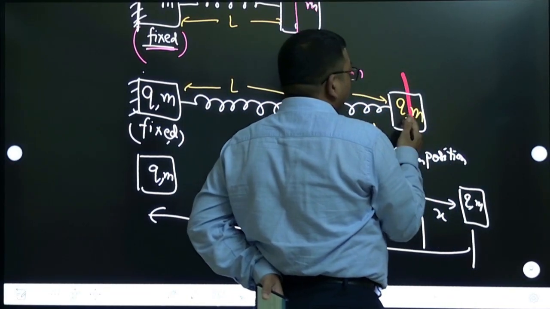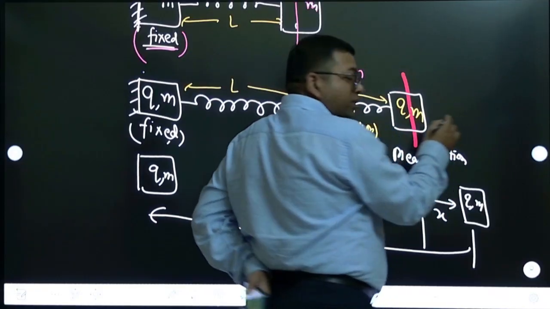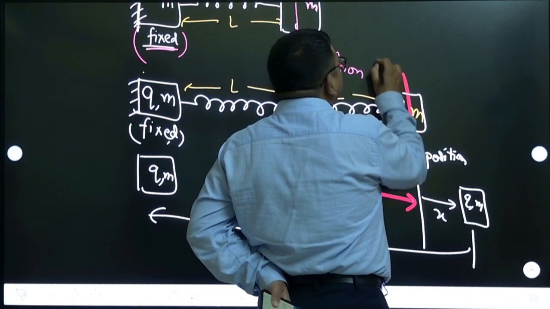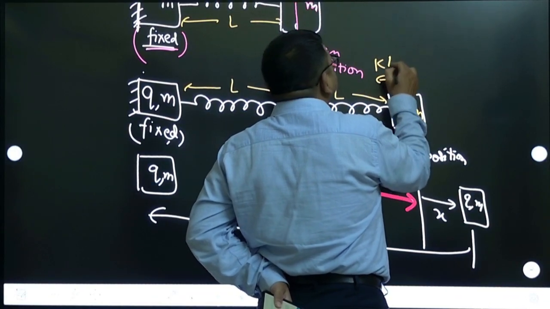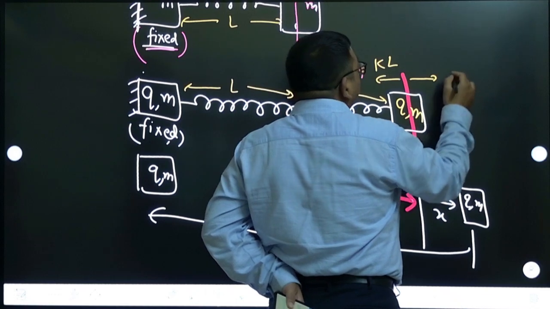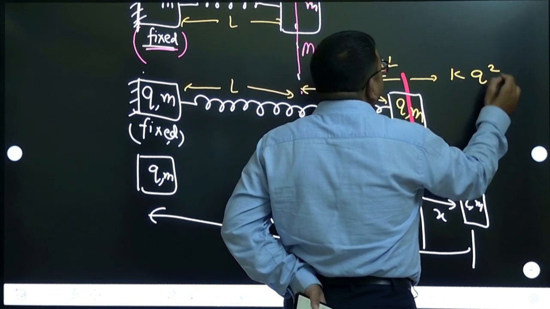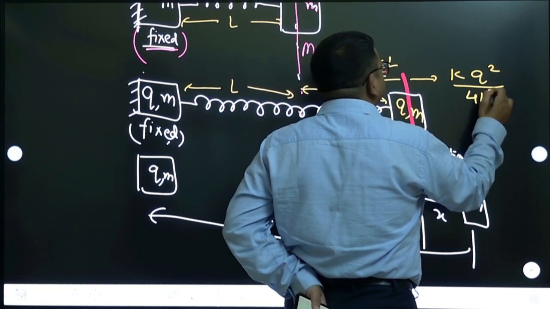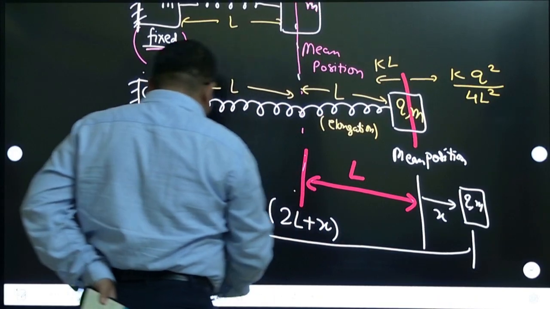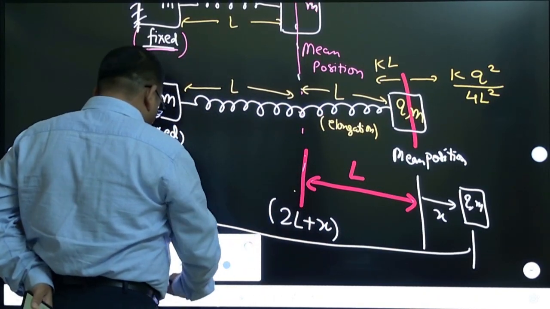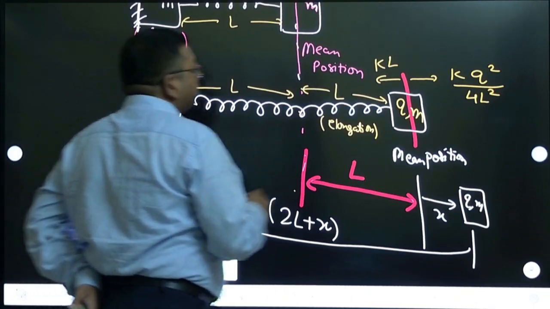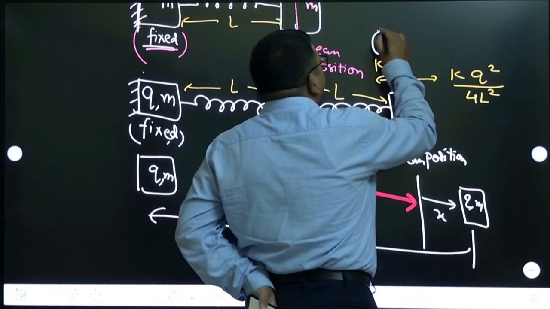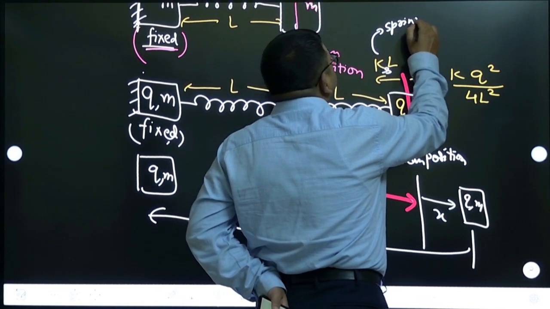Okay, so note here that at this position a new equilibrium has been achieved. New equilibrium means this electrostatic force and this spring force are balancing. So the spring force is Ks into elongation, elongation is L, and the electrostatic force is K Q1 Q2 by distance squared. Distance is 2L, whole square, so 4L square. First we should note that K is different, so let us write this as Ks. Ks means spring constant.